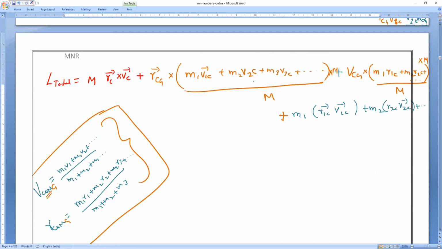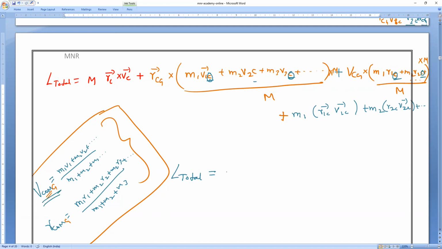This will become VCOM, and this will become RCOM. But with respect to what, ground or center of mass? Center of mass. But we know this is with respect to ground.